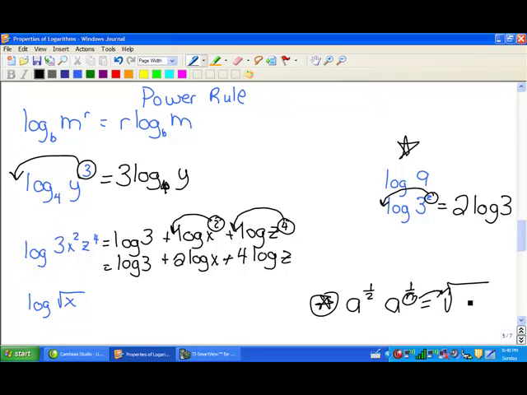So a to the 1/nth power is the same as the nth root of a to the 1st. We can rewrite the log of the square root of x as the log of x to the 1/2 power. Now you can definitely see that we have an exponent, so we can pull the power down in front of the log and have 1/2 times the log of x.